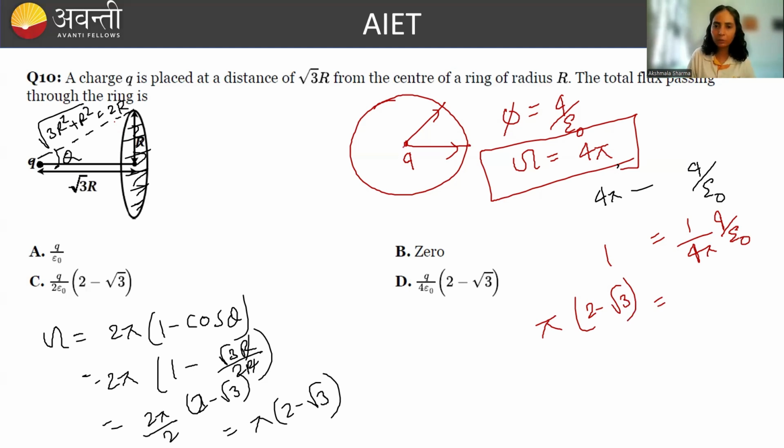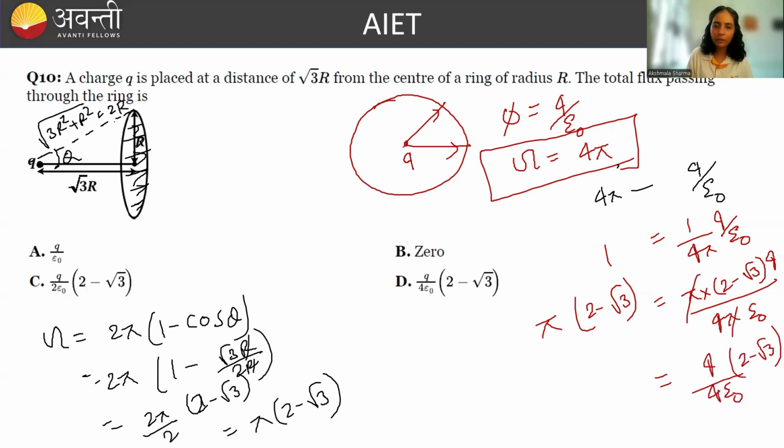So this is equal to pi into (2 minus root 3) times Q by 4 pi epsilon naught. So pi will get cancelled. The answer will be Q by 4 epsilon naught times (2 minus root 3). So the correct answer is B. Okay.